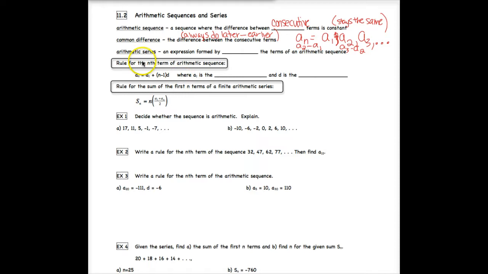An arithmetic series is just an expression formed by adding the terms of an arithmetic sequence. So you can see I almost put the pluses in there. That would have been a series.